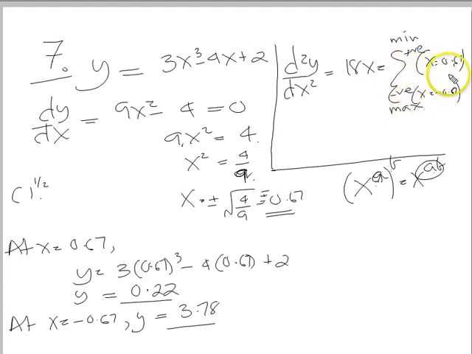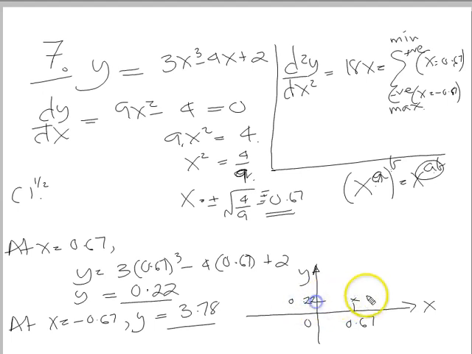So we can see by inspection then, let's just do a little sketch here. Here's our naught, here's our input, here's our output. Now we said that the turning point happened at 0.67 input, and the output then was 0.22, which is here, just a smidge above the y-axis, the 0 axis.